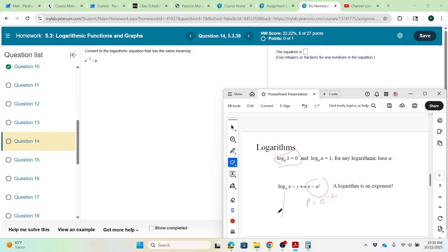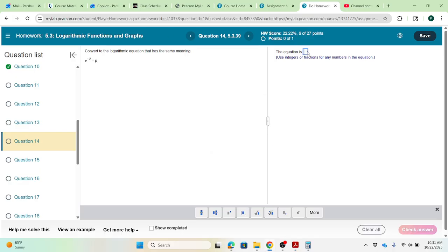If you want to write that as a log function, it's supposed to be log base e, because the base is e here, of X, which is P, equals Y, which is negative 2. So log base e is actually ln P equals negative 2. That's the log expression.